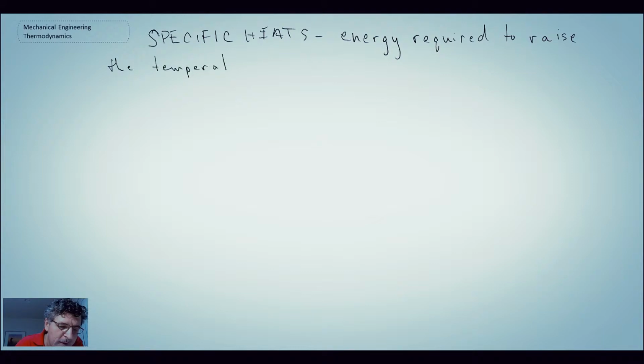So it's the energy required to increase the temperature of 1 kilogram of some material, the material we're determining the specific heat for, by a unit of temperature rise, in this case 1 degree Celsius.